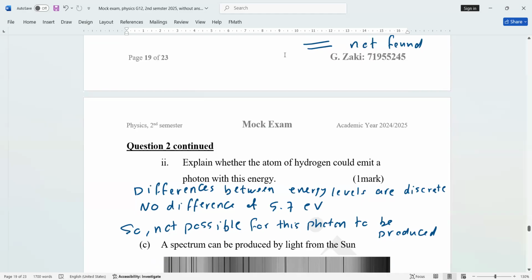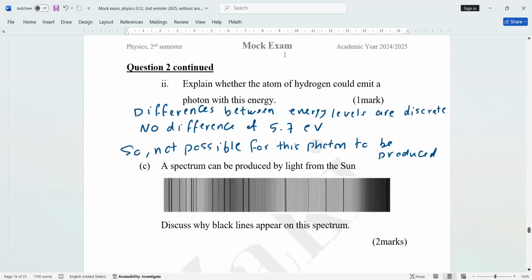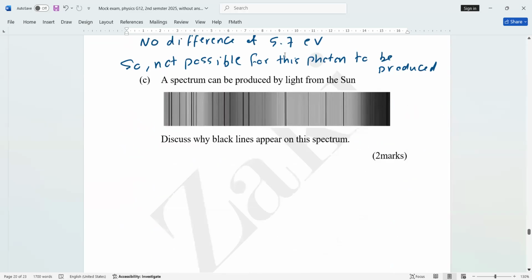Now, let us see this question about the spectrum. A spectrum can be produced by light from the sun. Discuss why black lines appear on this spectrum. Now, I write this in order. Number one, electrons absorb photons from sunlight.